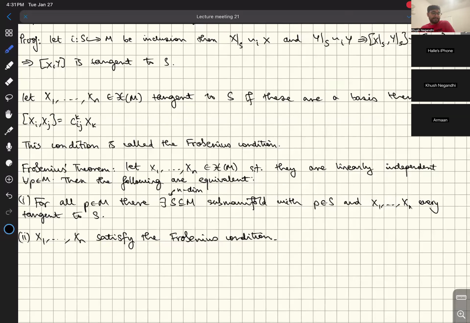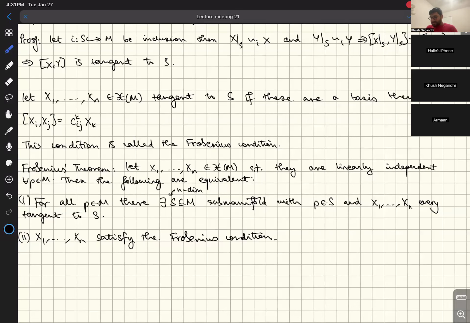That follows from flows and stuff. So you now get an equivalence relation on your manifold, where two points are equivalent if they lie in the same submanifold. This is called a foliation. A foliation is a disjoint collection of submanifolds whose union is your entire space.